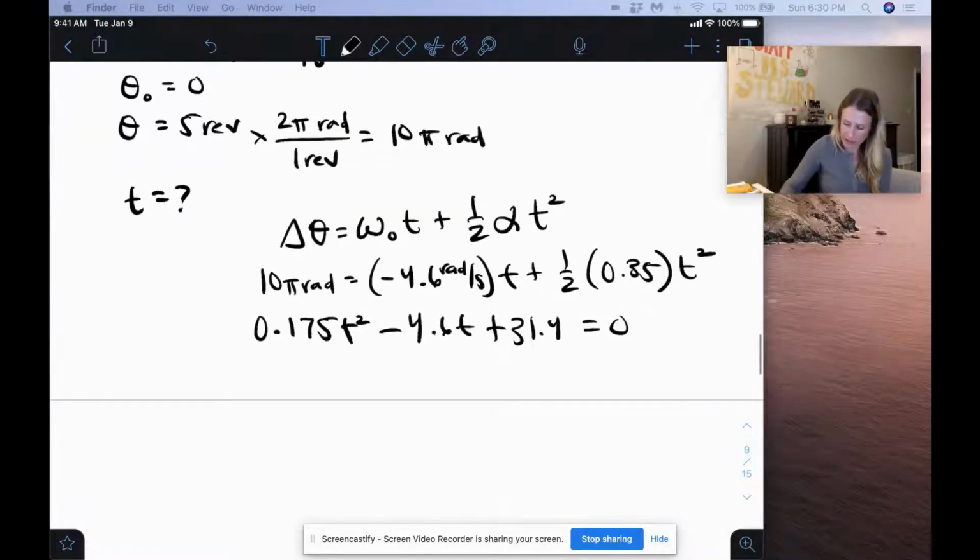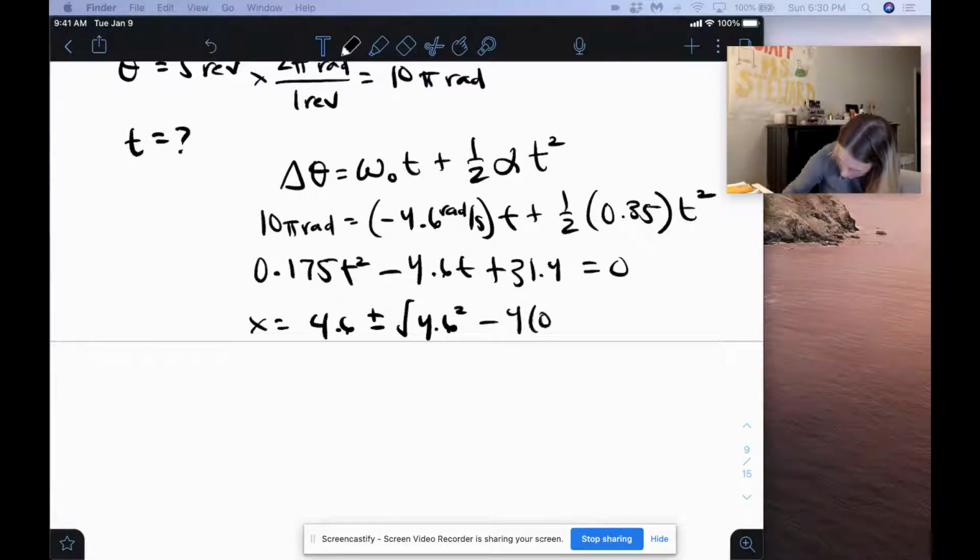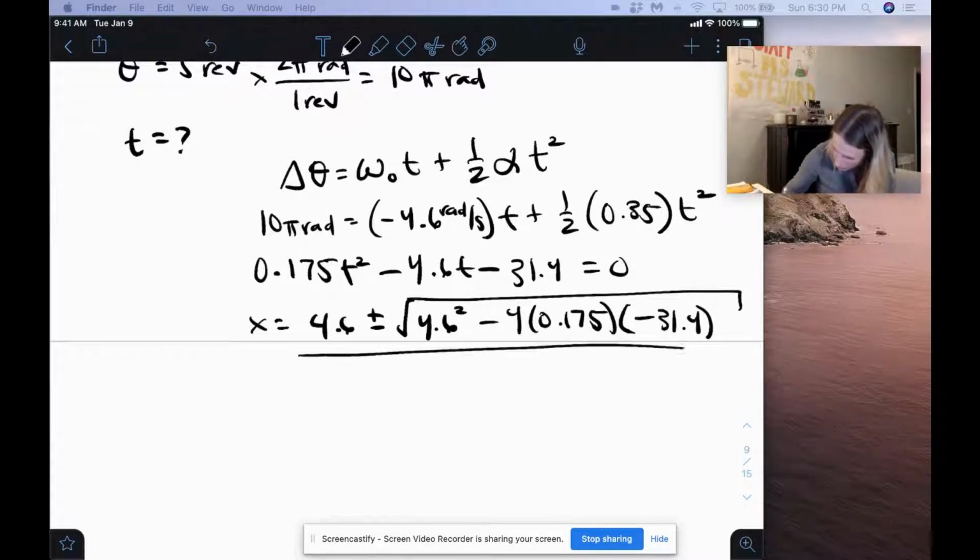And then using the quadratic formula, I get x equals negative b plus or minus the square root of b squared minus 4 times a times c, which is a negative 31.4, my bad, all over 2a.